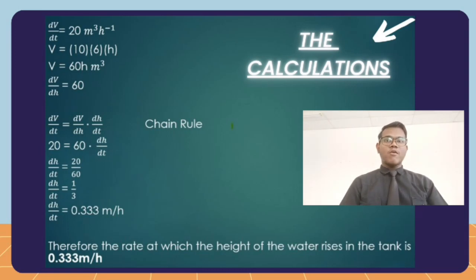So dh per dt equals 20 over 60, which is 1 over 3. We can simplify this into dh per dt equals 0.33 meter per hour. Therefore, the rate at which the height of the water rises in the tank is 0.33 meter per hour.